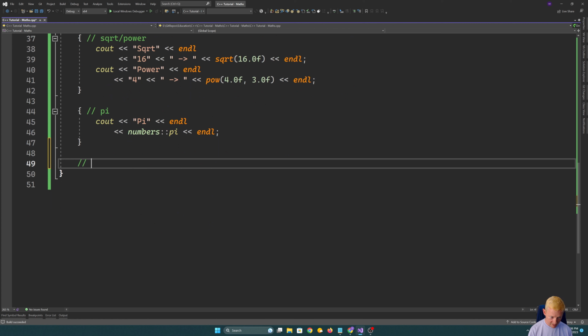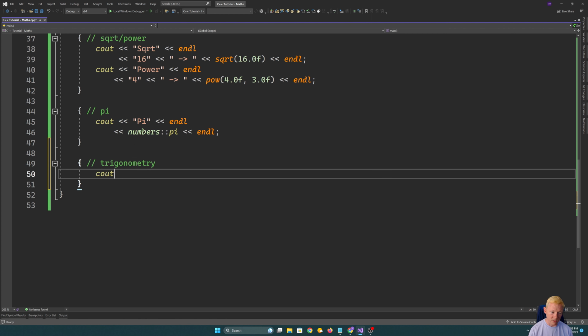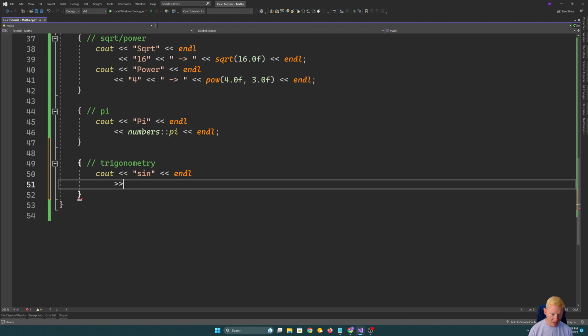So let's test out some trigonometry, because that is pretty fundamental for game development. So let's test out firstly sine. So with this, what we want to try is, okay, let's figure out, I'm pretty sure I know what this takes as inputs, but let's try with a couple of particular values.